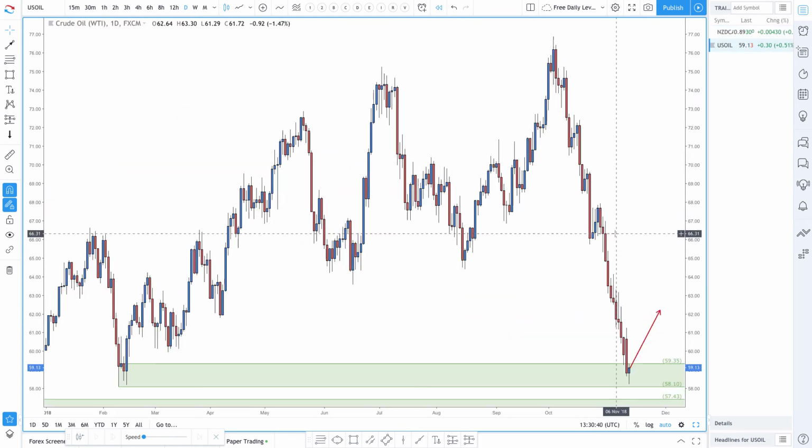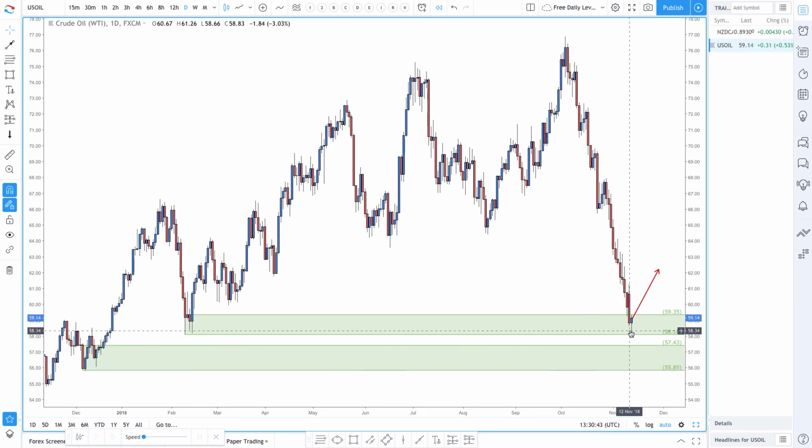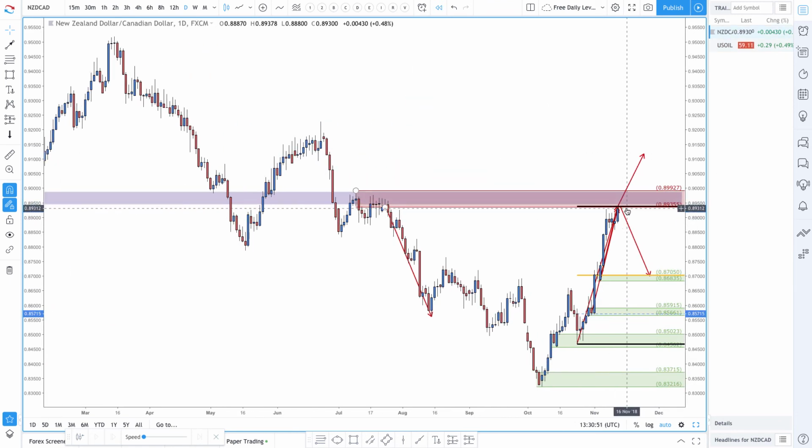Now, we're pretty much at a demand zone here. Could we see some bullish price action? If we do see some bullish price action, then going back to the New Zealand CAD, we could see some bearish price action at this level of supply in correlation with the demand zone in oil, and that would potentially help this trade as well.